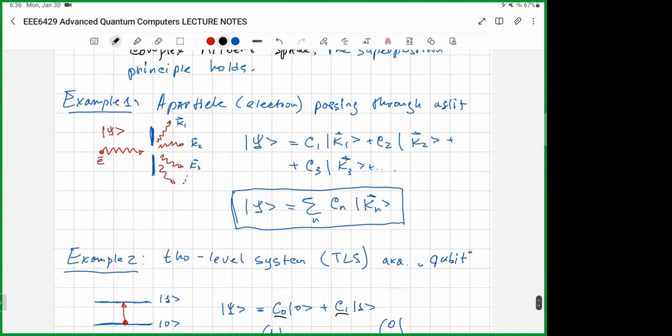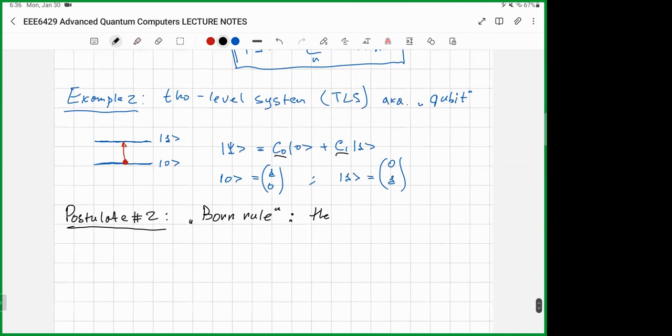For example, in this slit experiment, C sub 1 gives the amplitude of the probability of finding the particle in state 1. C sub 2 gives the probability of finding the particle in state 2, etc.